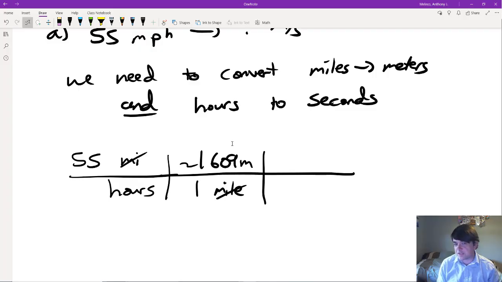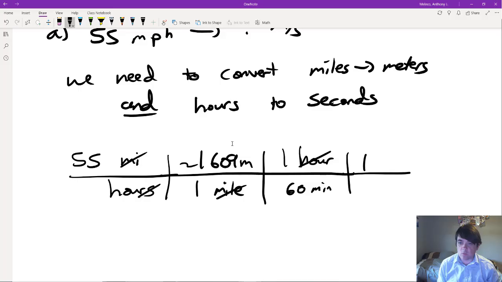Great. Now we need to convert hours into seconds. So I would put hours up here this time instead of on the bottom, because the hour now would cancel. It would divide out if I put it here. So in 1 hour, there are 3,600 seconds. If you don't want to do it that way, you can do minutes. So in 1 hour, there's 60 minutes.